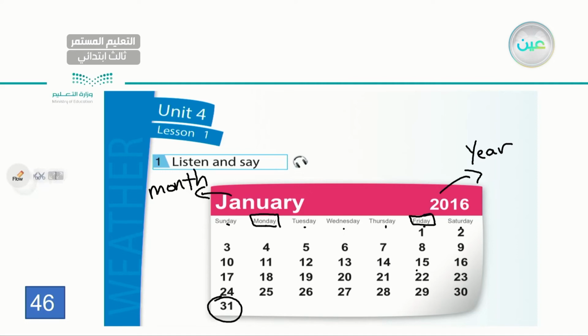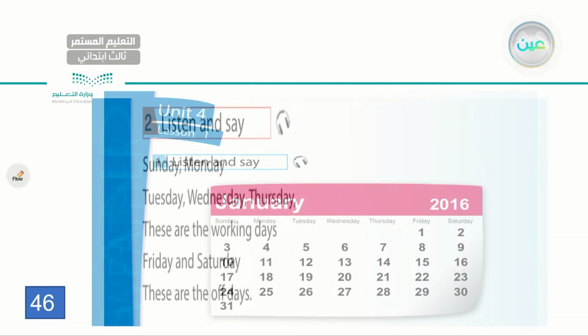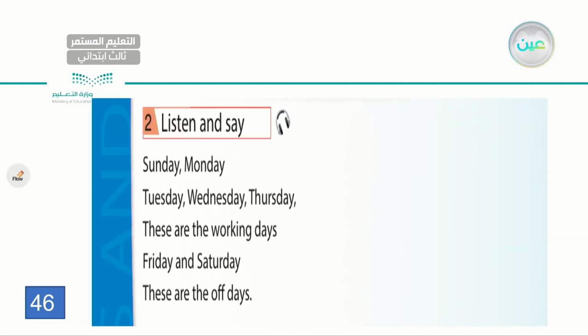Okay, let's go to the next slide. This is the lower part. Okay, so as you can see here, I have the words, the days of the week. Sunday, that's the first day, right? Monday, Tuesday, Wednesday, and Thursday.